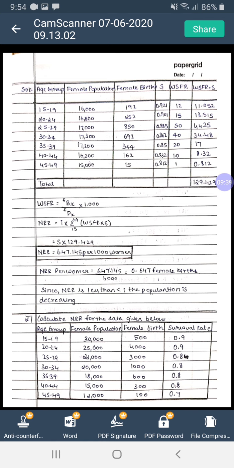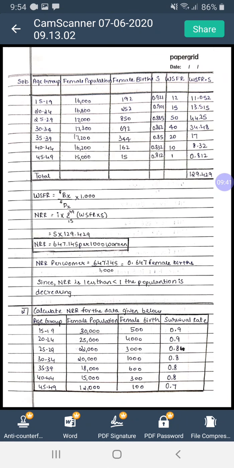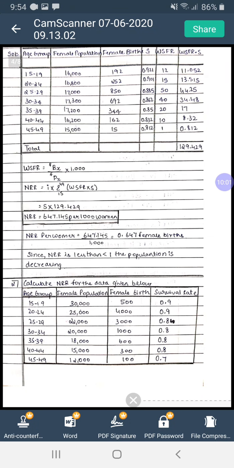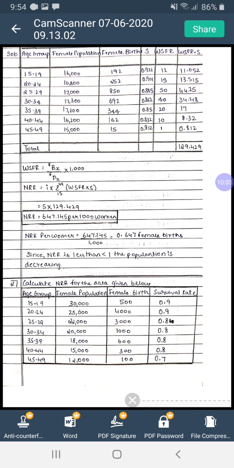With this you will multiply S into WSFR for net reproduction rate. When you multiply, you will get 11.052, then 13.515, then 44.25, 34.48, 17, then 8.32, then 0.81.